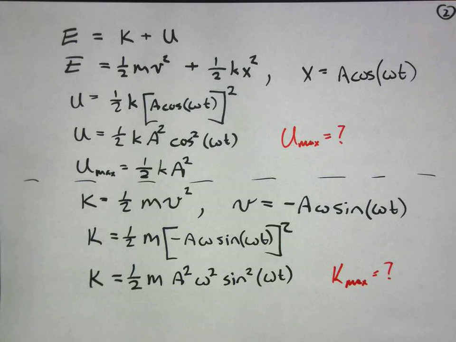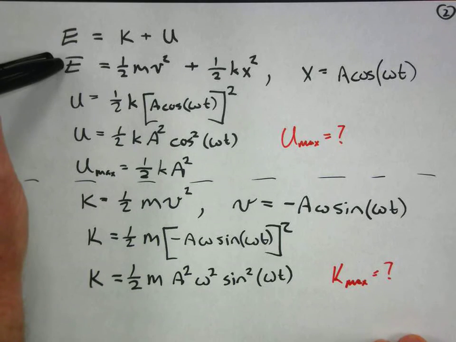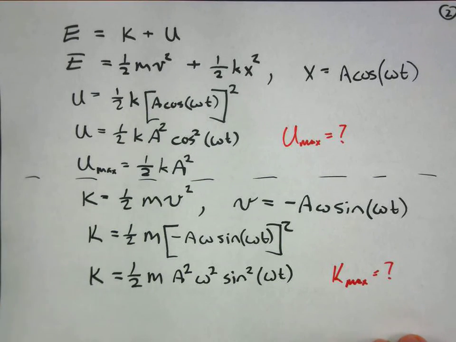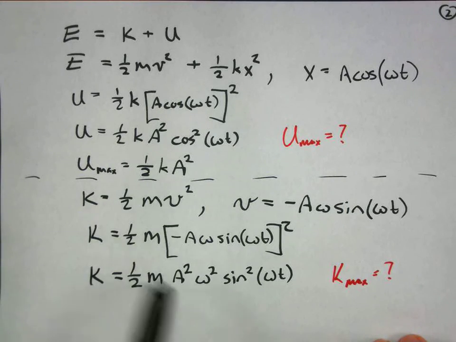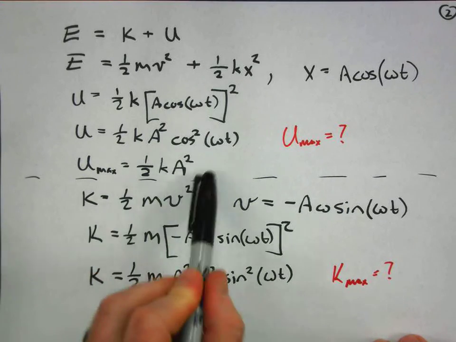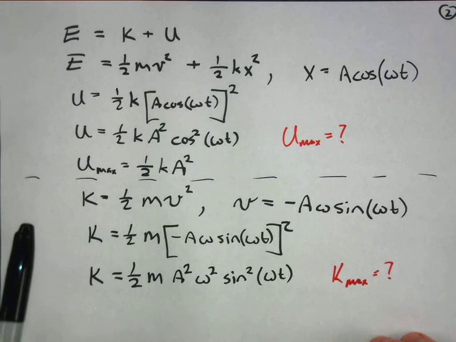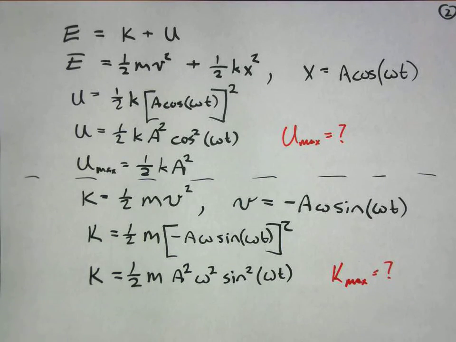And so the maximum kinetic energy is going to simplify out a little bit. But essentially, if you think about conservation of energy, as the energy is transformed from kinetic to potential, your maximum kinetic energy should also be equivalent to this value here, right? So there's an interesting relationship.